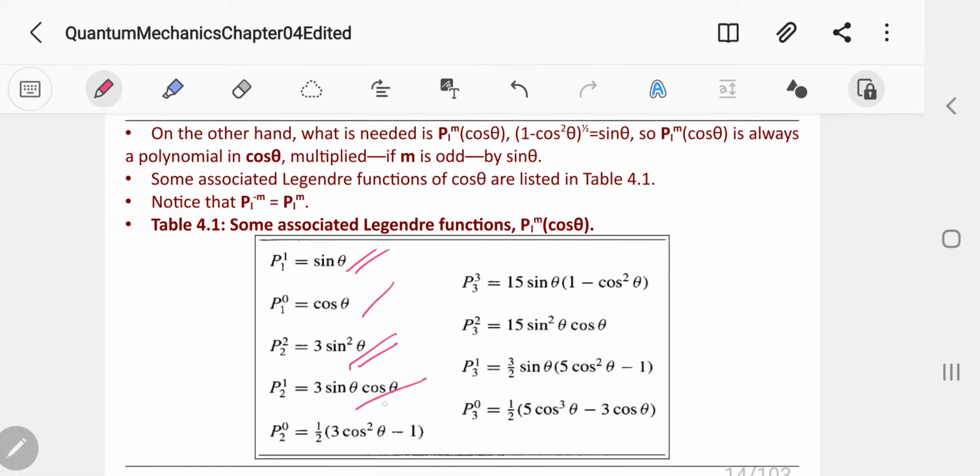This is P_2^1 and also equal to P_2^(-1). These are just some of the associated Legendre functions. Associated Legendre functions have a subscript and a superscript, while the Legendre functions only have a subscript. You can check that out.